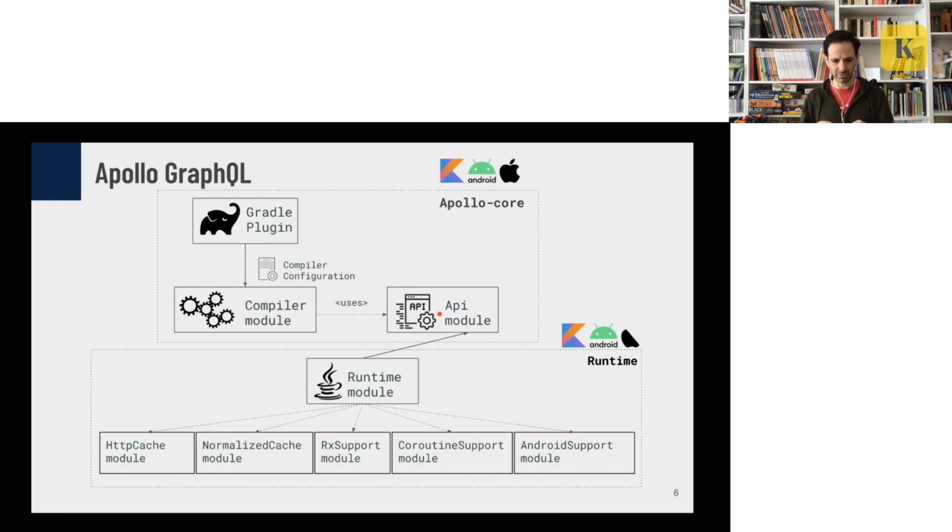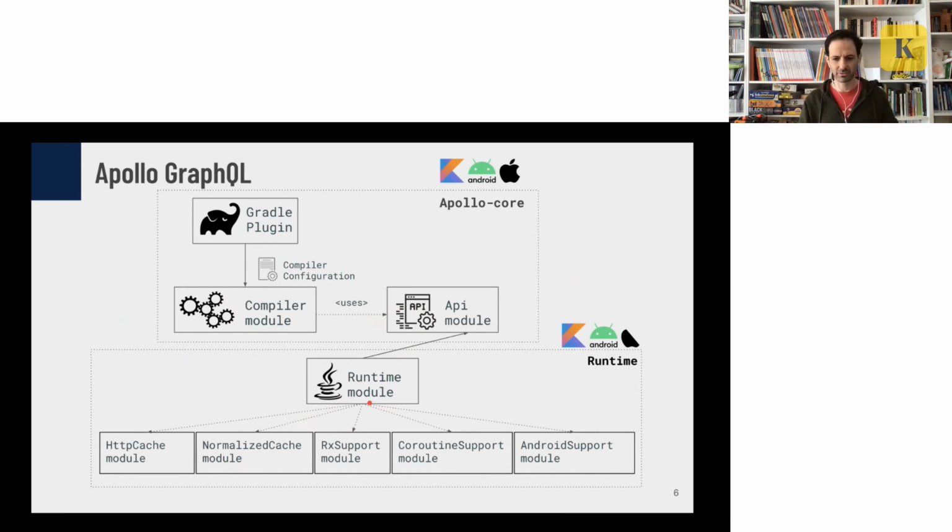On top of Apollo core, you have what we call the runtime, which contains a lot of modules: stuff for HTTP, caching, RxJava support, coroutines, Android. There's a lot of things there. I'm not going to talk about the details.